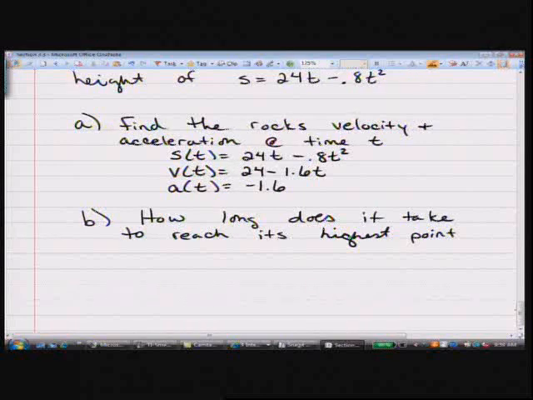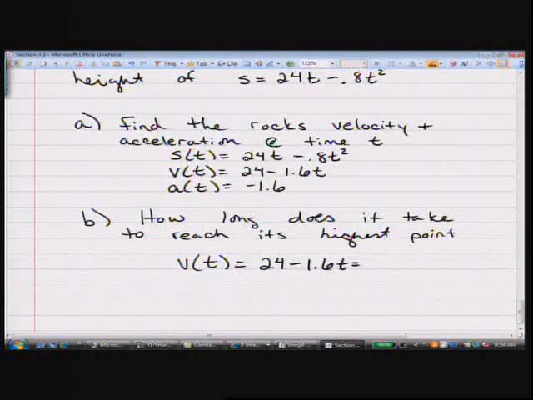But it's kind of fun to recognize that you could use calculus, because when it reaches its max, it's going to go up and then come back down, so the velocity is going to be 0 at that point, right? So this will occur when v of t is equal to 0, because that's when that change will occur. And so then t equals 24 over 1.6, which, if you type that into your calculator, is 15 seconds.